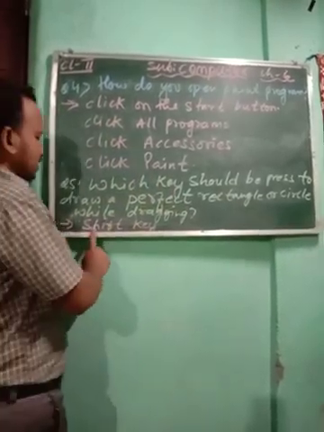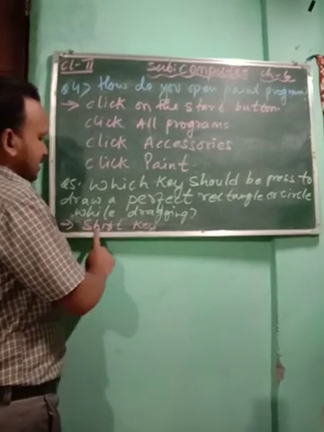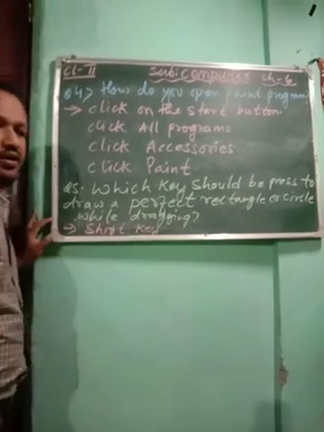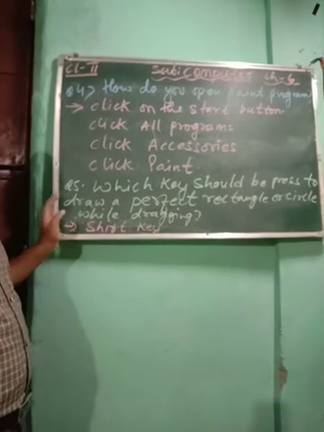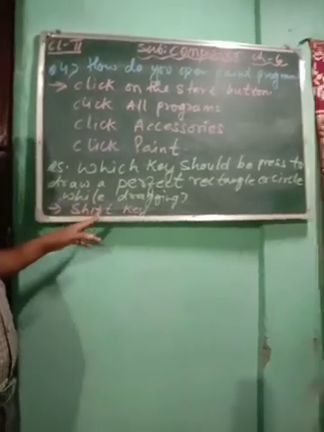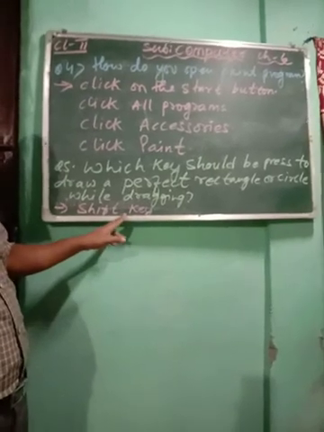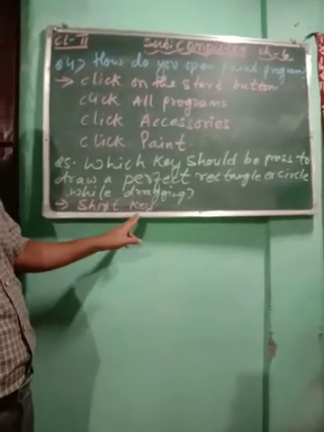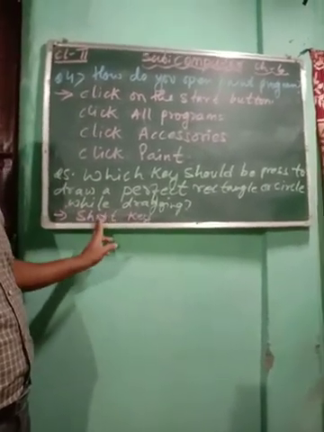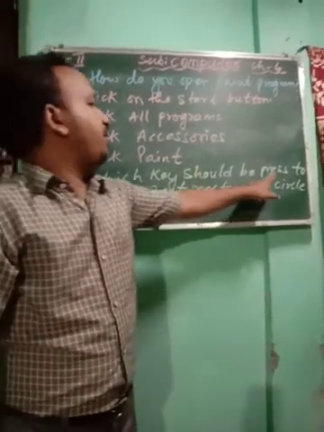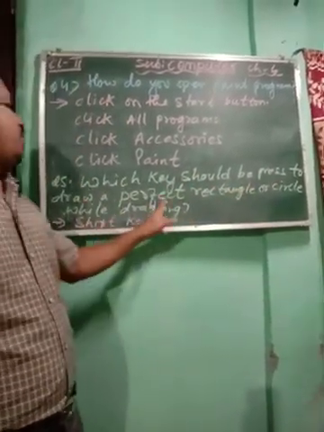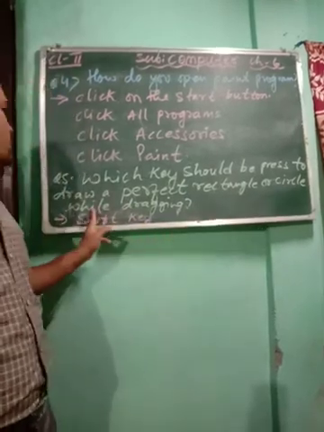You have to press the shift key. Which key will you press? Shift key. So the shift key should be pressed to draw a perfect rectangle or circle while drawing.